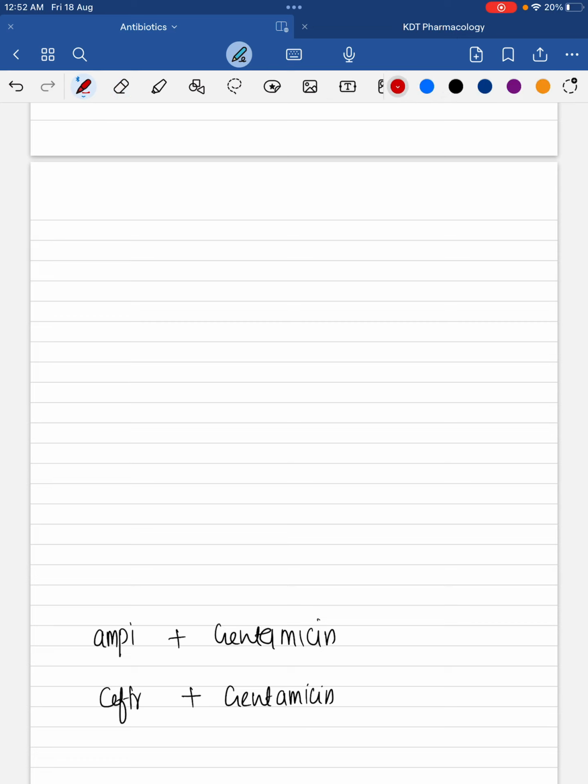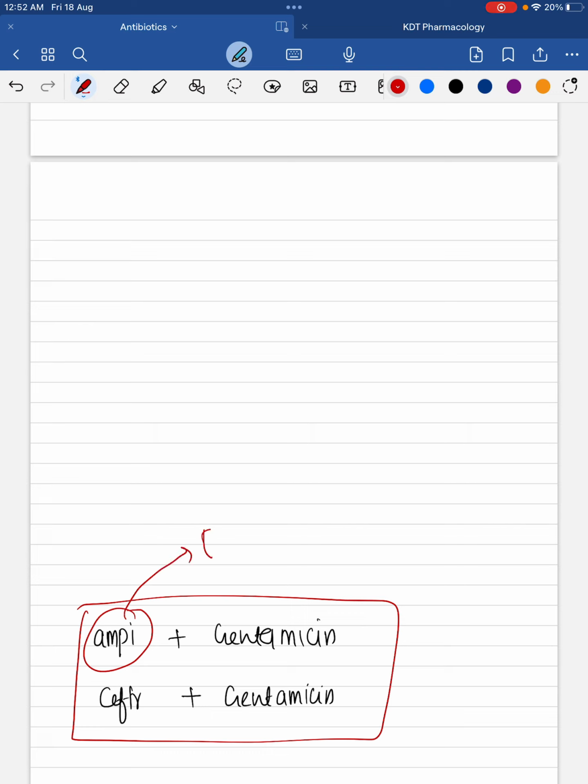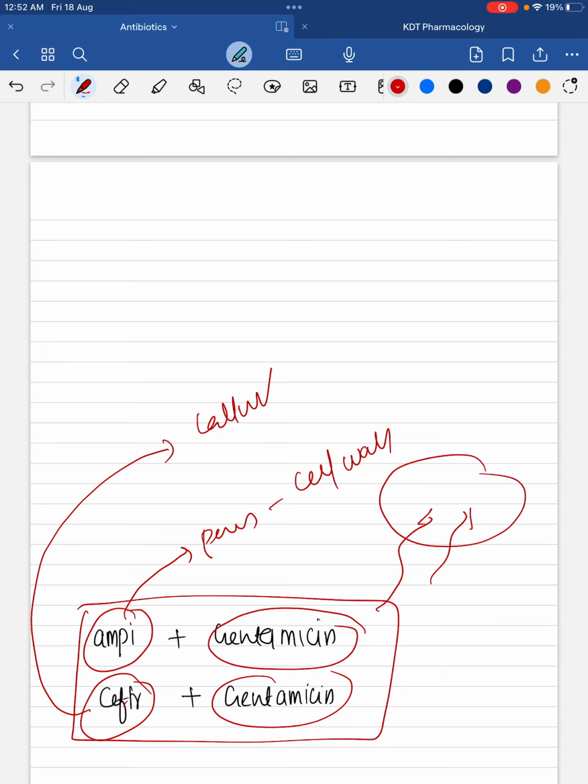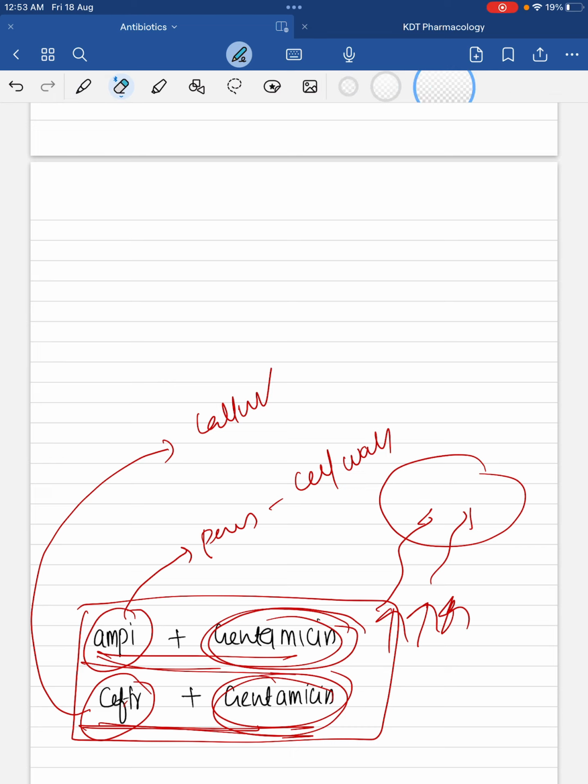Okay. Now ampicillin gentamicin, ceftriaxone gentamicin. This one is penicillin group, acts on the cell wall. This one is cephalosporin, again acts on the cell wall. So both will be acting on the cell wall. Aminoglycoside can enter into the cell easily. So these two are a good combination, because gentamicin will have a good action if we give a cell wall destroying antibiotic.